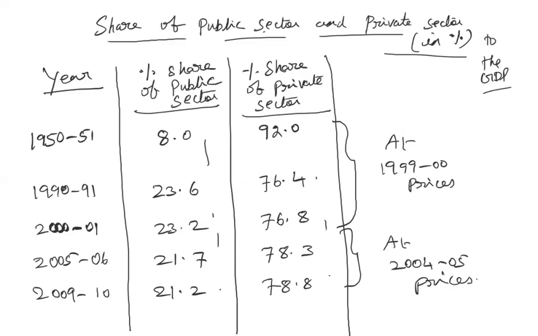So this is how the contribution changed between the public and private sector to the GDP. If you represent it in the form of a diagram, it is just optional, but the presentation will be good. So let me extend this further.